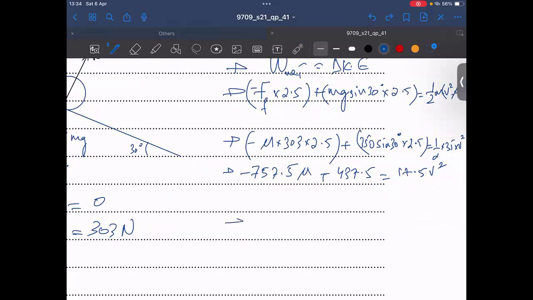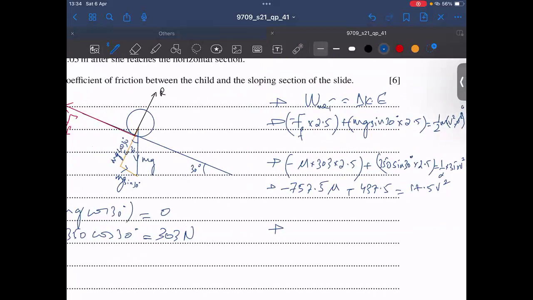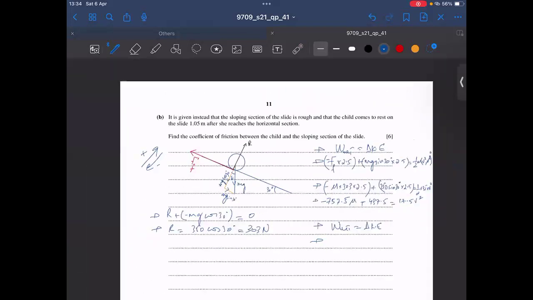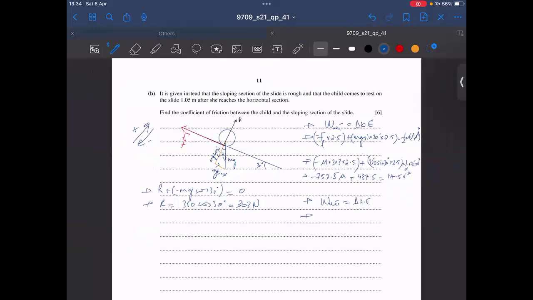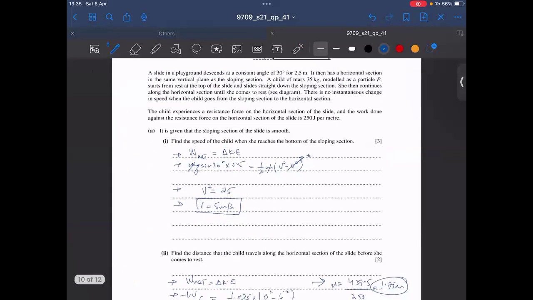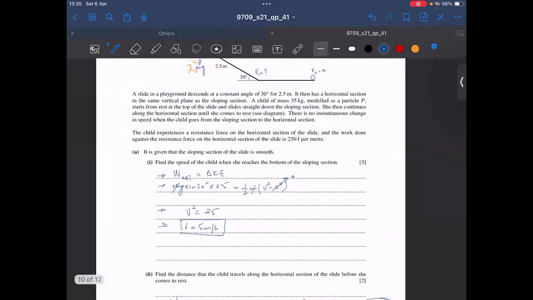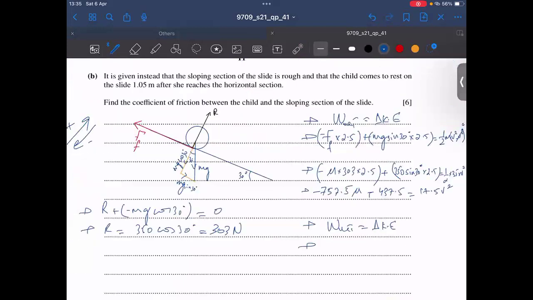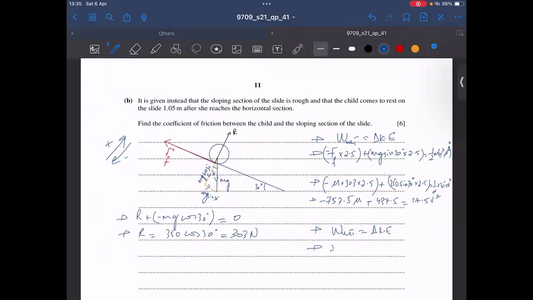Amna, we have again net work done equals change in kinetic energy. So along the horizontal section the work done against friction is 250 joules per meter.